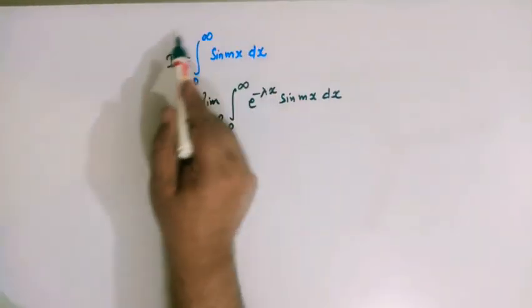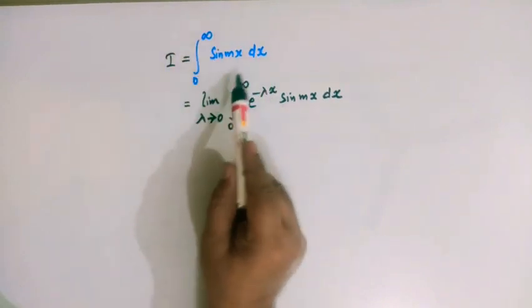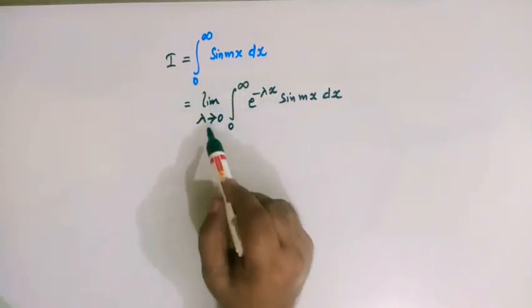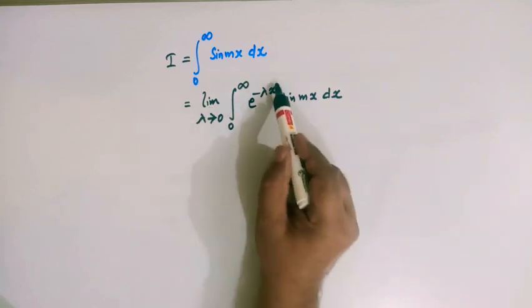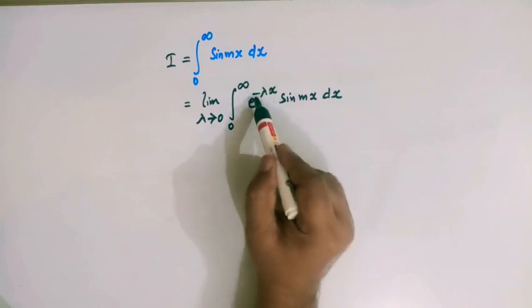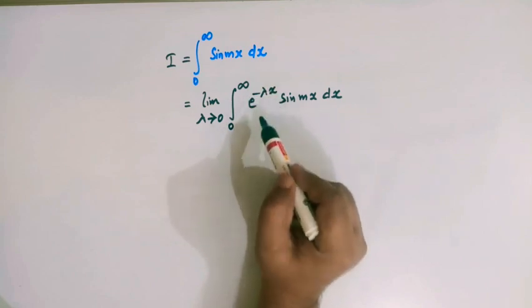So what we have done here, we have expressed this integral in the form of this limit, lambda tends to 0, and we have introduced an additional term, e raised to minus lambda x, right?